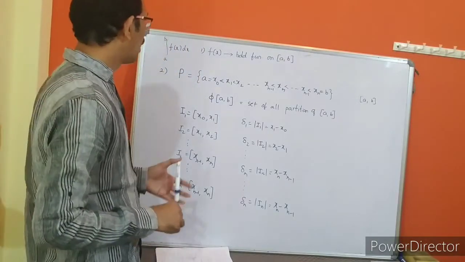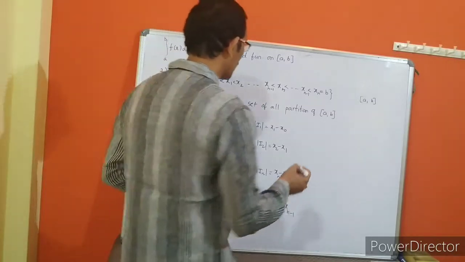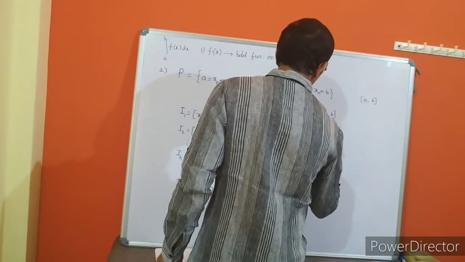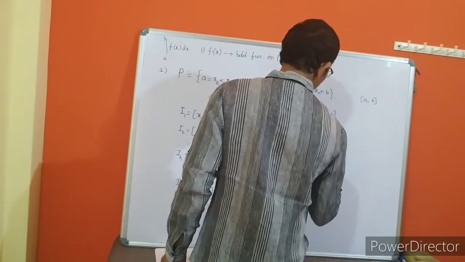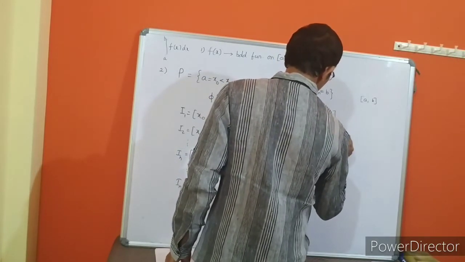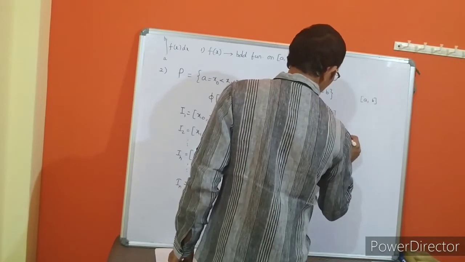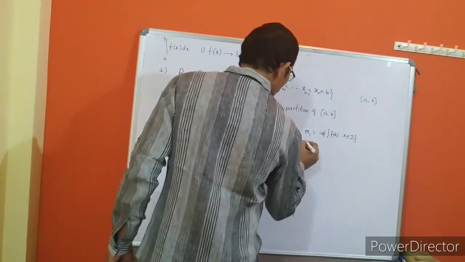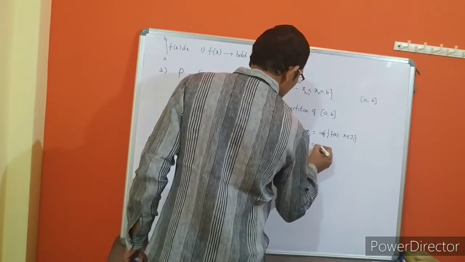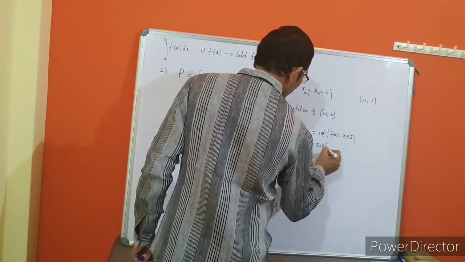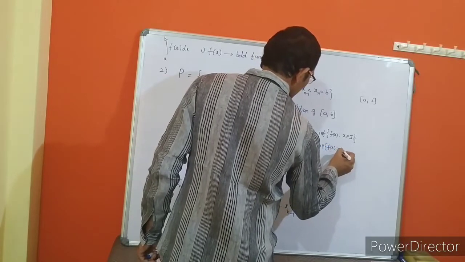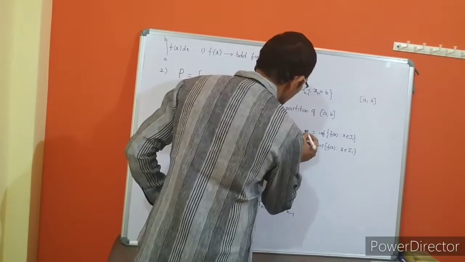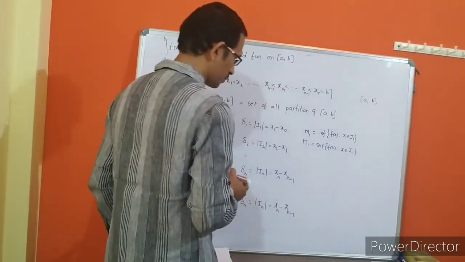Then after defining this, we have also taken m1. What is m1? Infimum of f of x on I1, where x belongs to I1. Similarly, what is capital M1? Capital M1 is the supremum of the function f of x, x belongs to I1. That means on the same interval I1, small m1 is the infimum and capital M1 is the supremum.